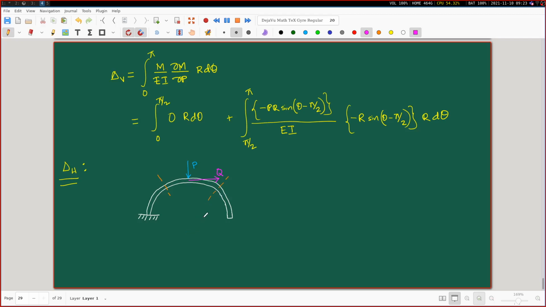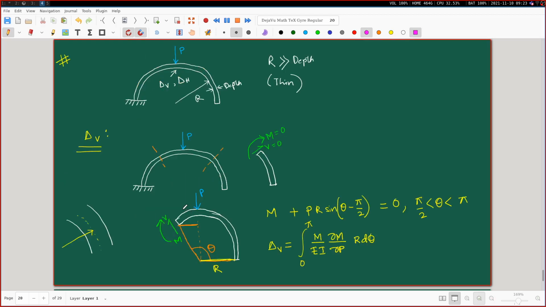So just as before, if I take this cut section at theta lying between 0 and pi by 2, the free body diagram of this piece will just give me m equal to 0. So I don't have to worry about that. I will take this cut section and consider again this one. So again I will copy paste from the previous one.